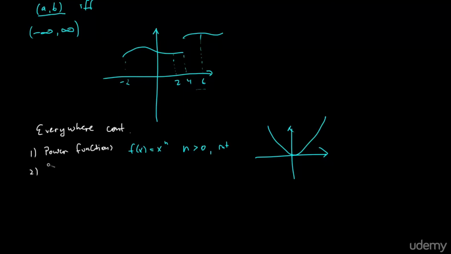The second example is exponential functions. For example, something like f of x equals 2 to the x. Once again, that would be everywhere continuous. And then another example would be logarithmic functions. A typical example is f of x equals log base 2 of x, for example.